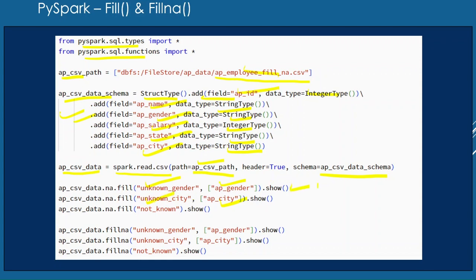So in this example, only if these columns have empty values will they be populated with unknown gender and unknown city. For the rest of the columns it will not do anything.